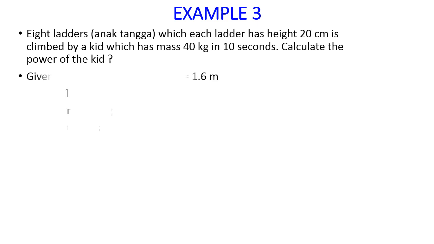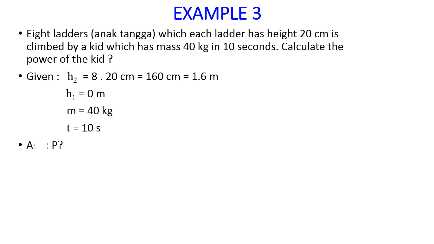From the problems given, h2 equals 8 times 20 centimeters equals 160 centimeters equals 1.6 meters. h1 equals 0 meter. m equals 40 kilograms. t equals 10 seconds. Ask P. To get P, first we have to find work.